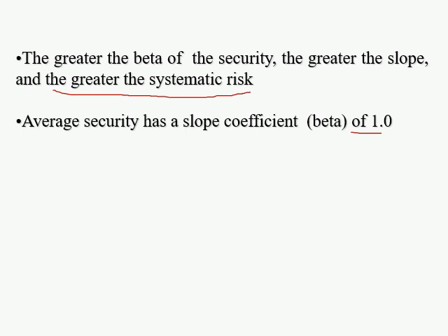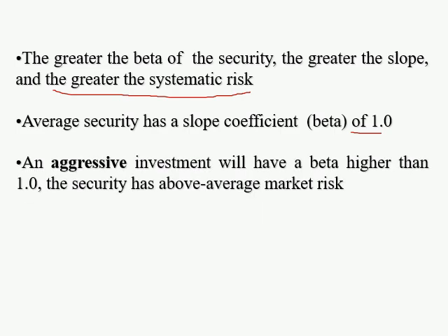Because the market beta will be equal to 1, and the average of the securities inside this market will be equal to 1. An aggressive investment: if I have an aggressive investment, what does that mean? That means the beta for this investment will be higher than 1, because the beta of the market is equal to 1.